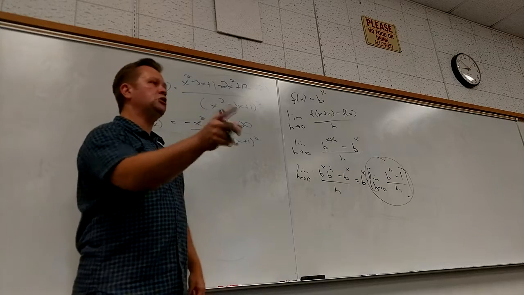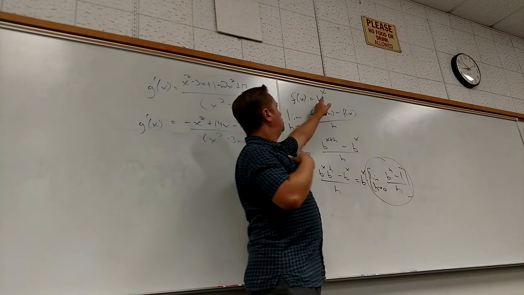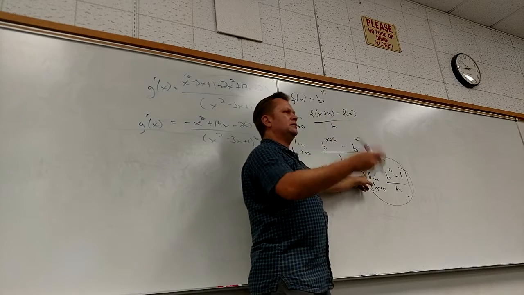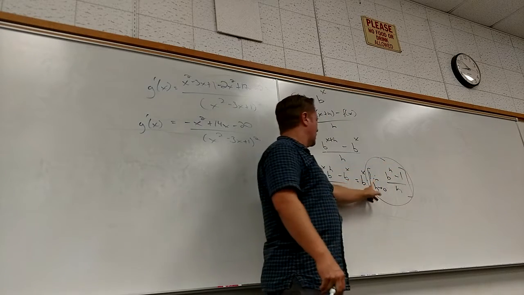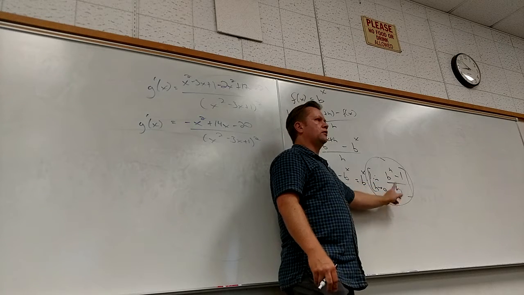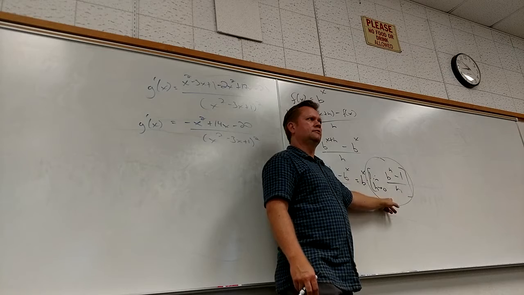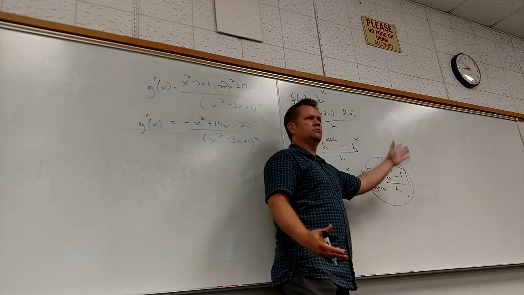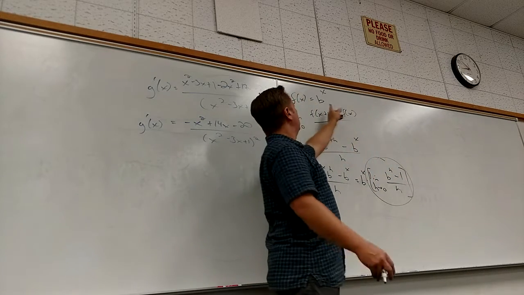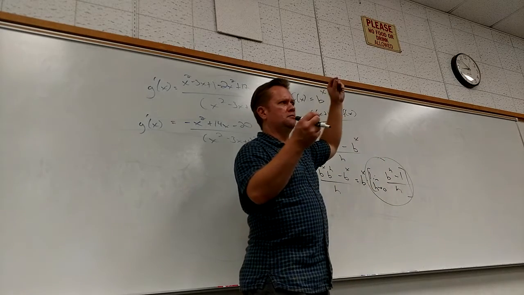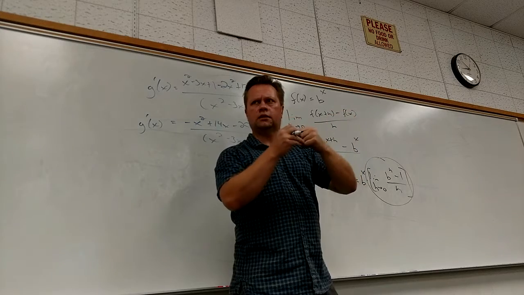What's really interesting is, do you see how for a function b to the x, the derivative has b to the x in it times some number? That is neat. This is a number, right? Because what's b? B is a number. It's not a variable, right? It's a constant.